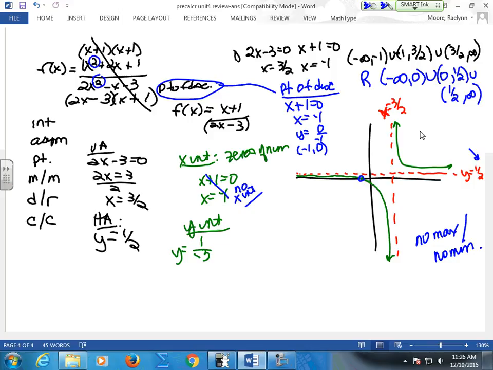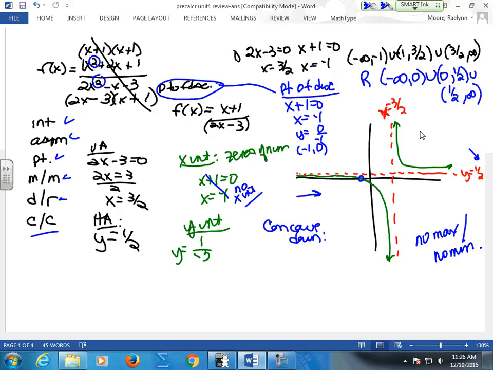Okay? So we found all these guys. We had none of those. Concavities. This guy over here is considered concave down. Concave down, I'm also decreasing there. But I have a little problem.